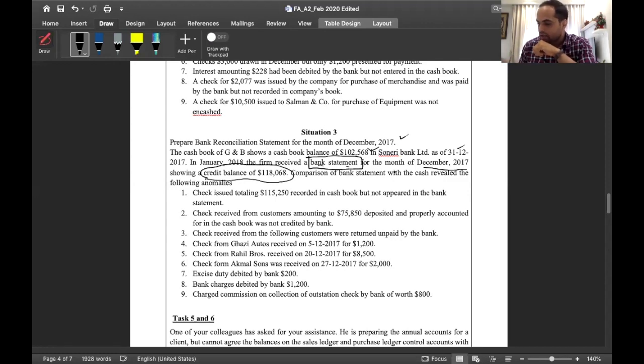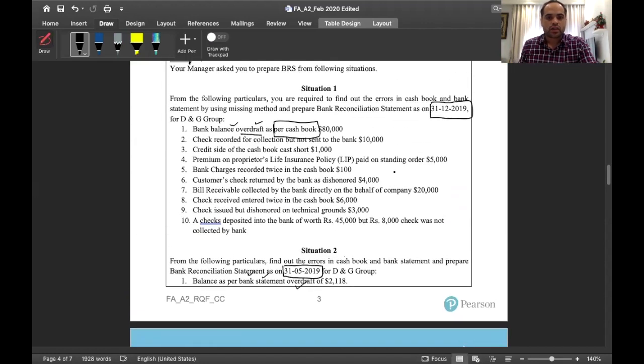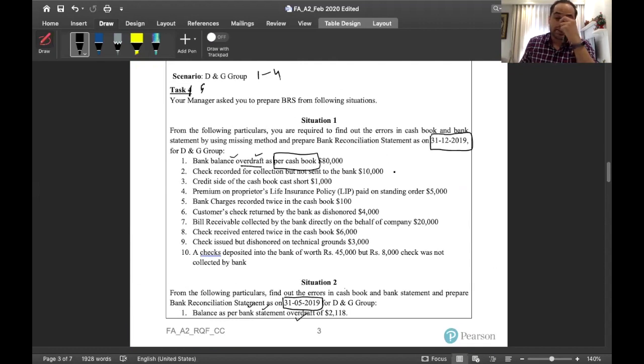In the previous session, I explained that the meaning of debit and credit for the passbook is different from the cash book. They are opposite balances. If the cash book has a debit balance, the passbook has a credit balance. So we have these three situations, and in this session we will discuss all three.